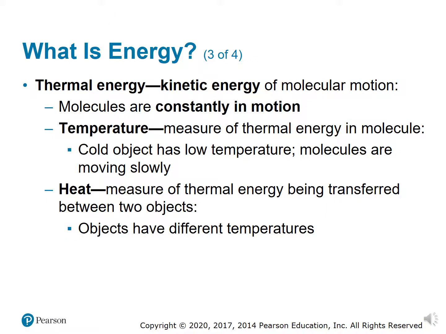Thermal energy is also kinetic energy, and the energy of motion creates a lot of heat. So temperature is a measure of thermal energy in a molecule. Cold objects have low temperature, and therefore their molecules move very slowly. Heat is a measure of thermal energy being transferred between two objects.